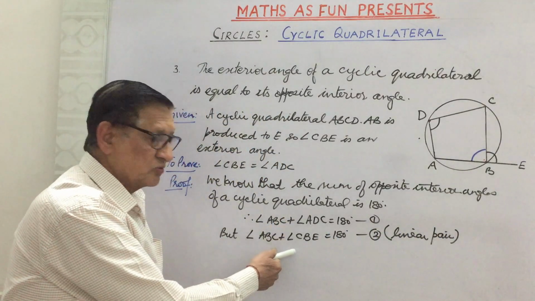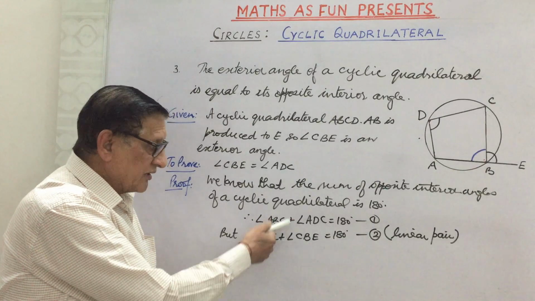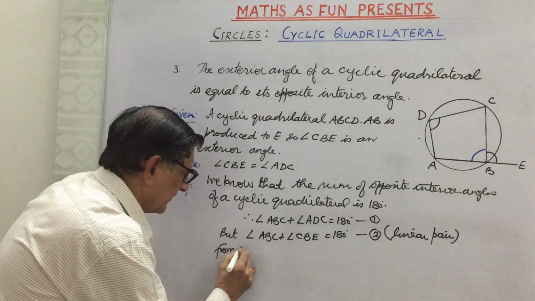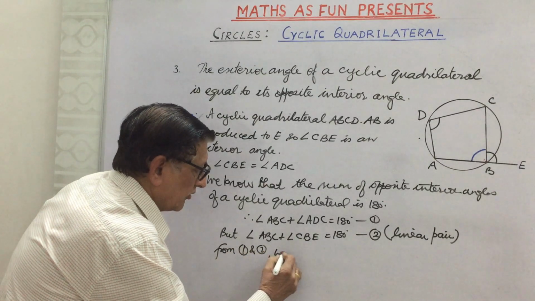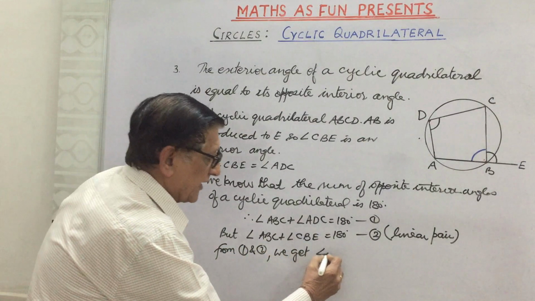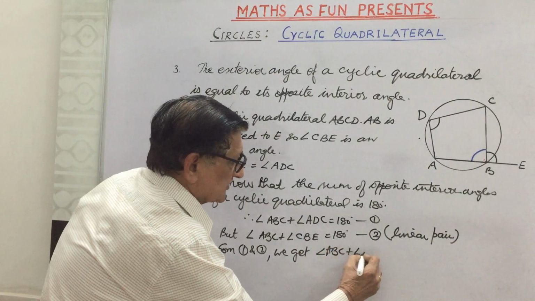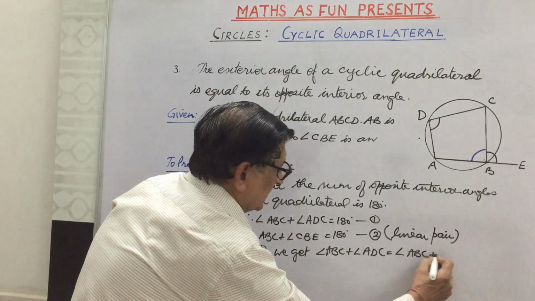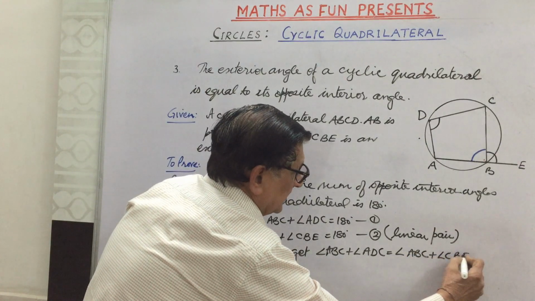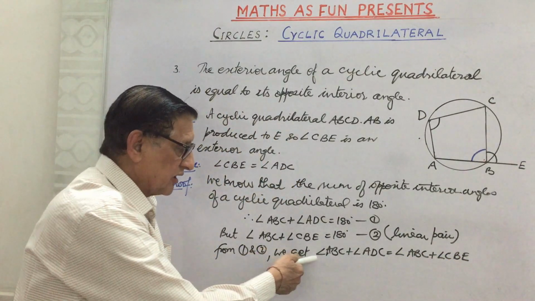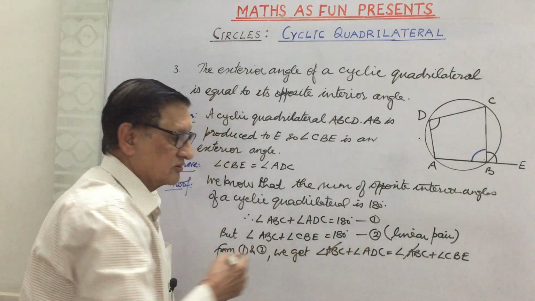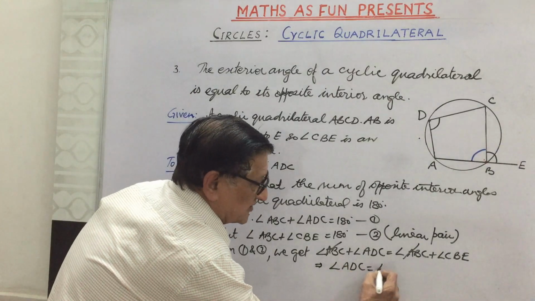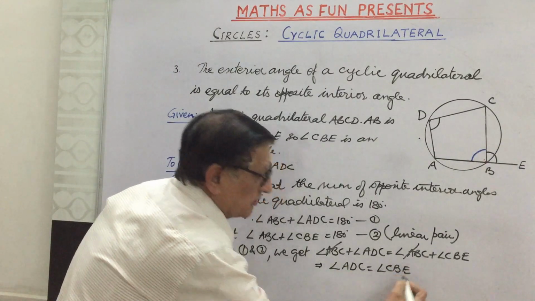What we get from these two? That these two are equal. So we can write from 1 and 2 we get angle ABC plus angle ADC is equal to angle ABC plus angle CBE. This angle ABC and ABC cancel each other. So are we getting that angle ADC is equal to angle CBE?